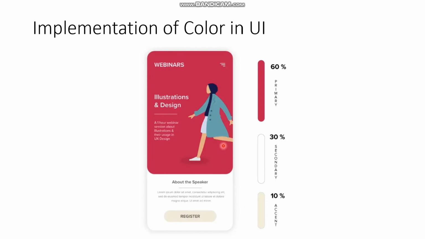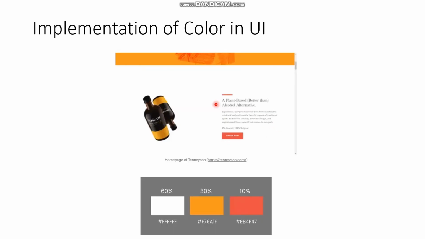Okay. It also happens on websites, basically anywhere. Like in this case, 60 is the white color, and then 30 is the orange, and 10 is the highlight, which is the accent, red color.